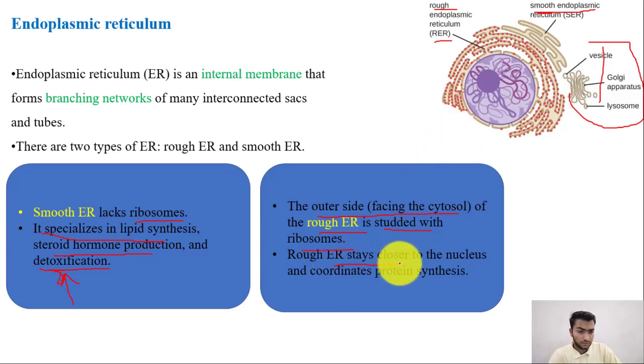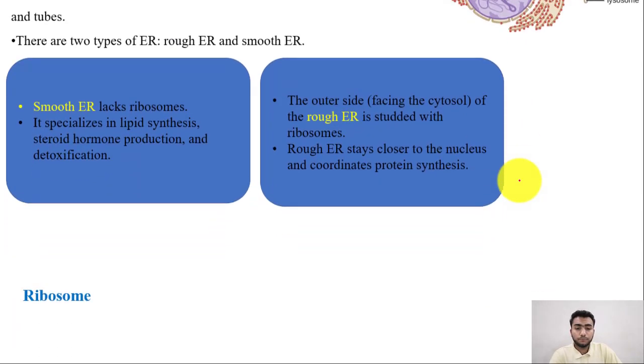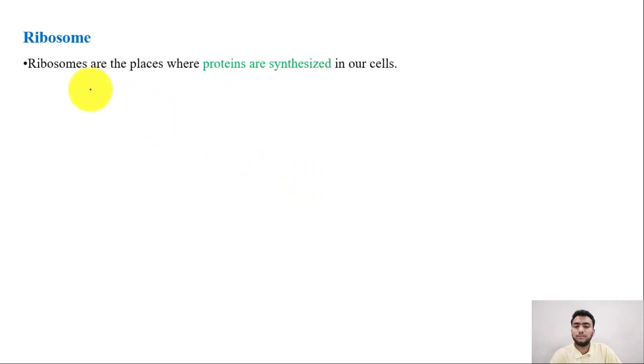Then it mentions that it stays closer to the nucleus and coordinates protein synthesis. Proteins are synthesized on ribosomes, and we are going to take a look at the structure of ribosomes just now. This is a slide you must have been looking forward to.